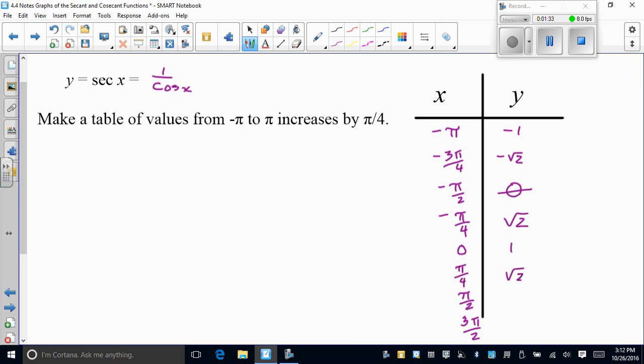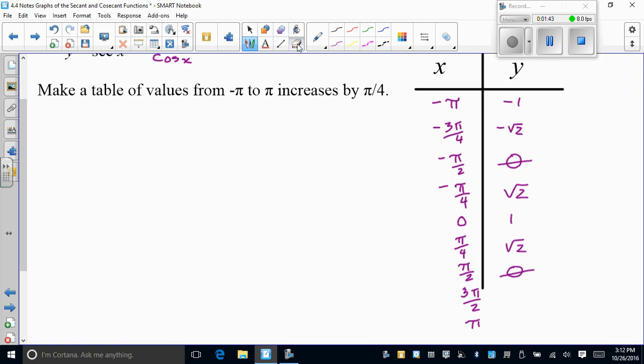At pi over 4, it's radical 2. At pi over 2, cosine is 0, so it's undefined. This is supposed to be 3 pi over 4 down here, so let's fix that. 3 pi over 4 is going to be negative radical 2 and then negative 1.